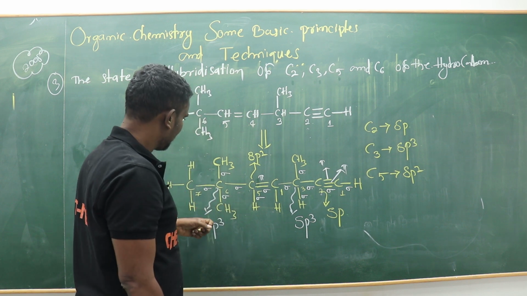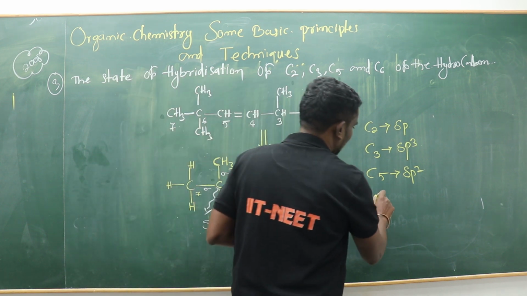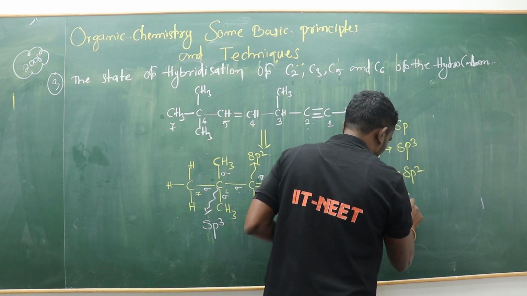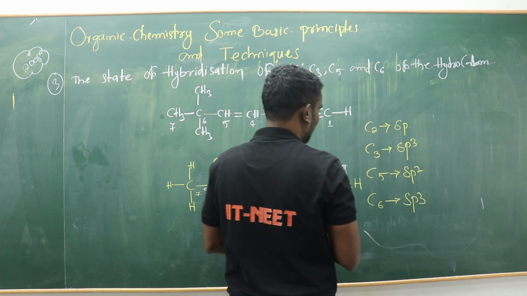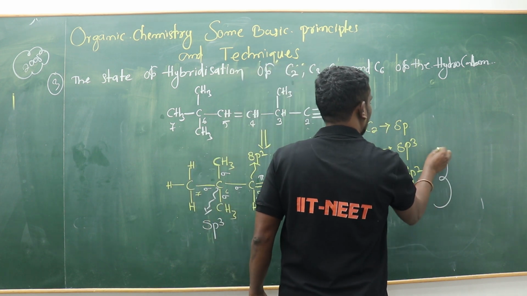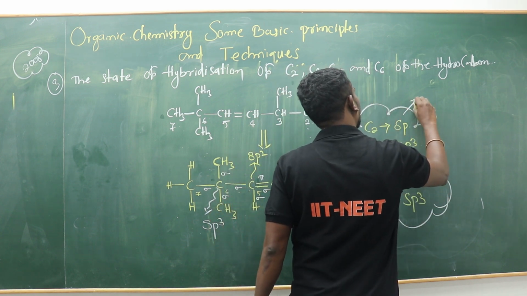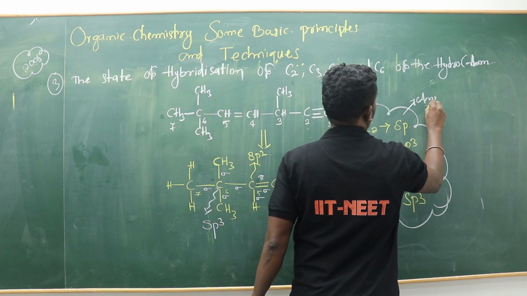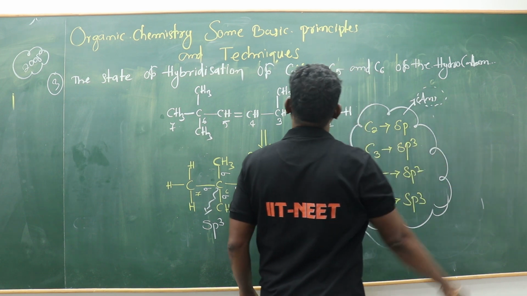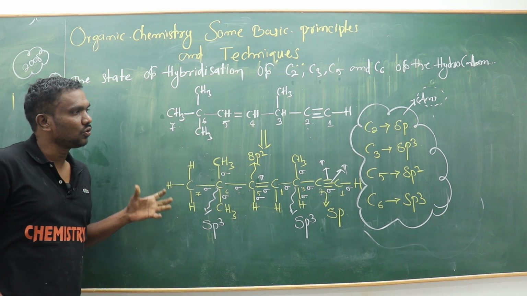Next see beta, sixth carbon, that is sp3. Option check कर लेना बेटा, right? This is our answer beta ji, right? So how to tackle this question?